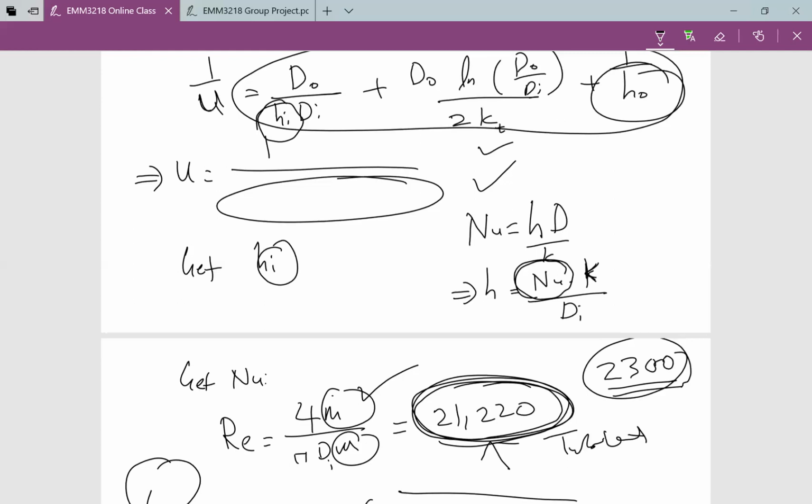If the situation shows that you can use any of the correlations, then you can do that. The Prandtl number is 6.6, and the Reynolds number is greater than 10 to the 4 and less than 10 to the 6.